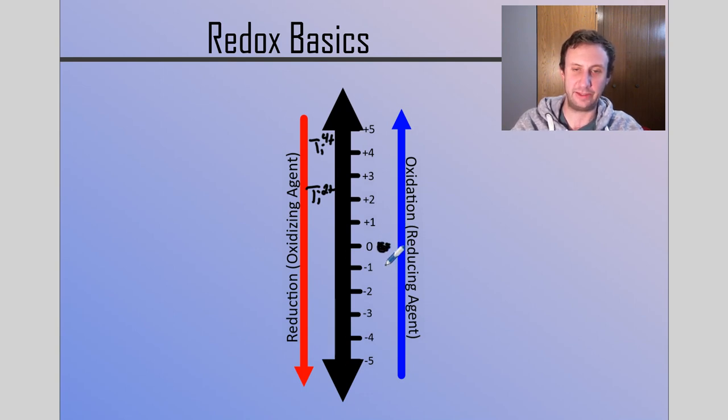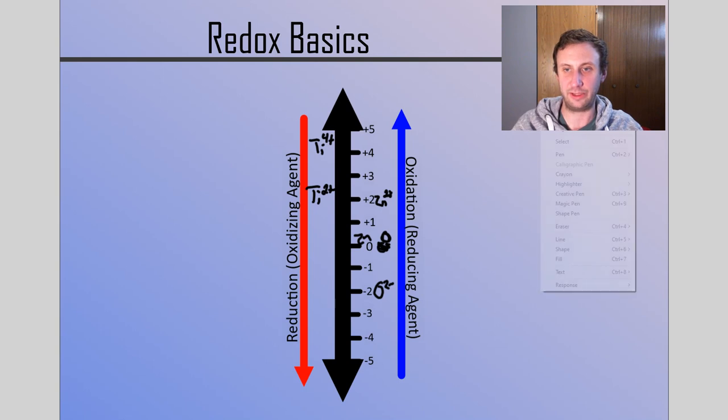Let's say we had something like oxide, O2 minus, that then ends up becoming just an O in O2, right? It went from a 2 negative charge to a 0. So that would be oxidation taking place because I lost electrons. It is becoming more positive. Or maybe I have something like zinc at 0 becoming Zn2 positive. So that is oxidation. It lost electrons. It became more positive.